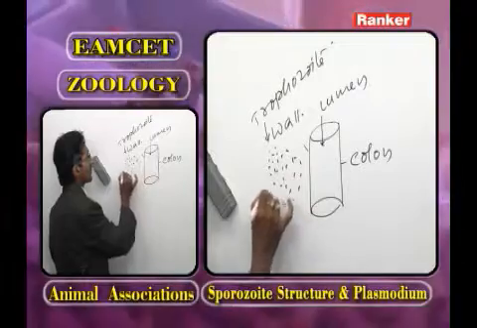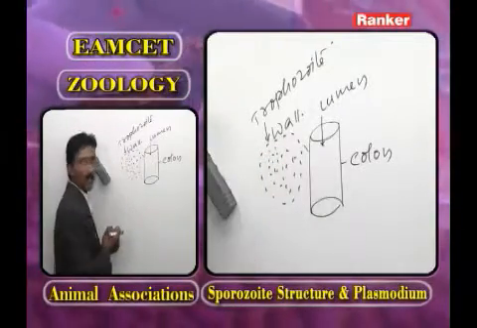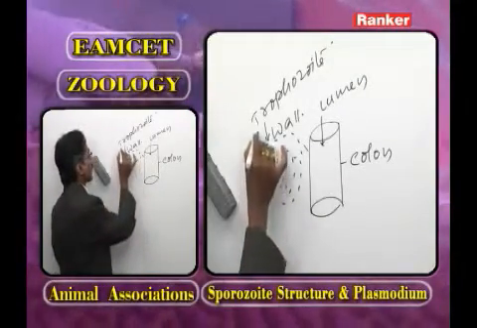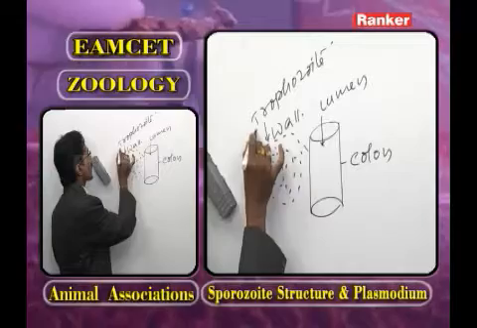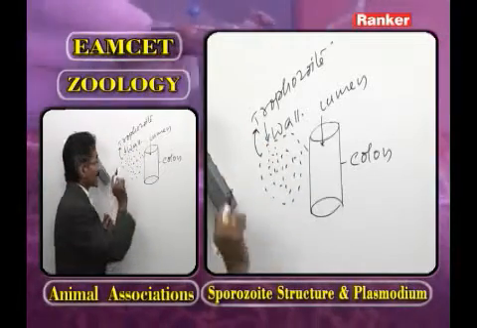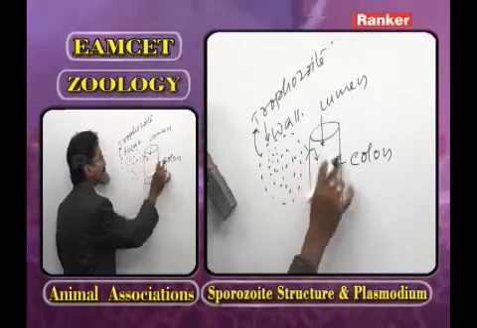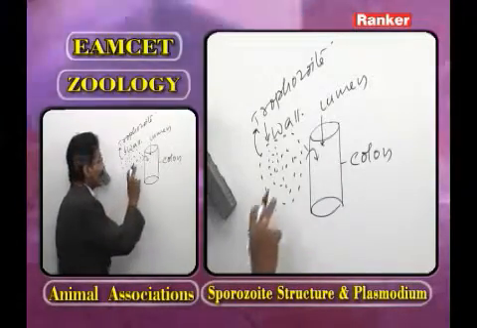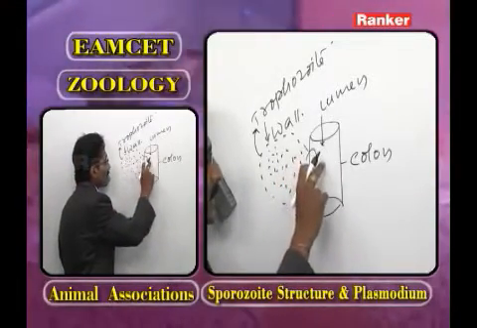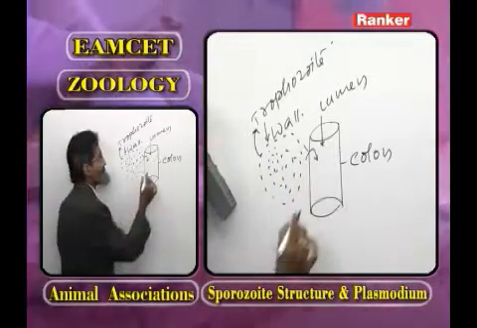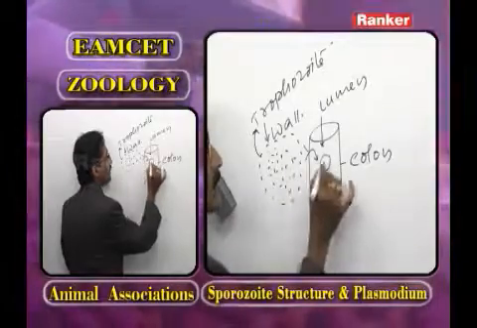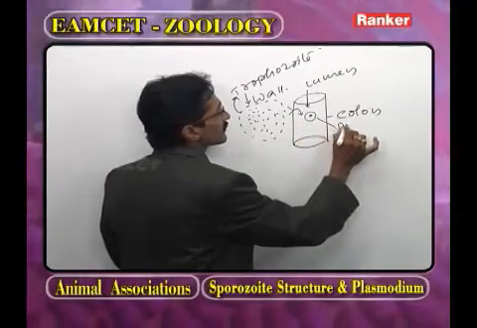This entire process is going on in the wall of the colon. Majority of daughter individuals become trophozoites. Some daughter individuals enter into the cavity of the colon. The individual that enters into the cavity of the colon, we call the pre-cystic stage.